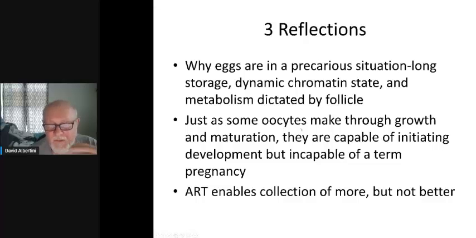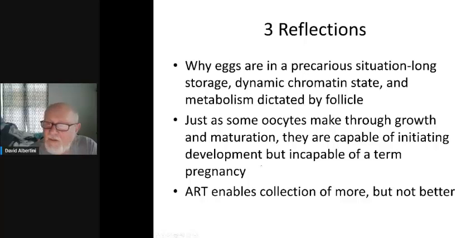Certainly the way we do controlled ovarian stimulation is intended to rescue or maintain follicles that most likely would have been subject to atresia. And when we retrieve oocytes from these kinds of follicles and stimulation regimens, we know they're capable of initiating development.